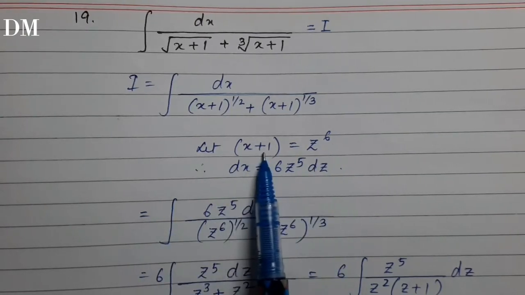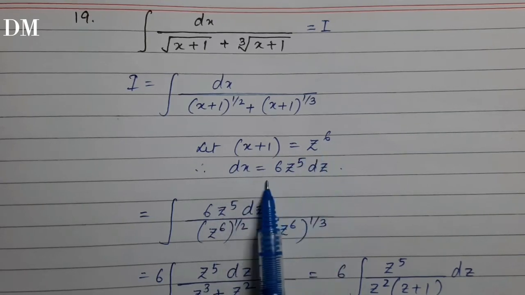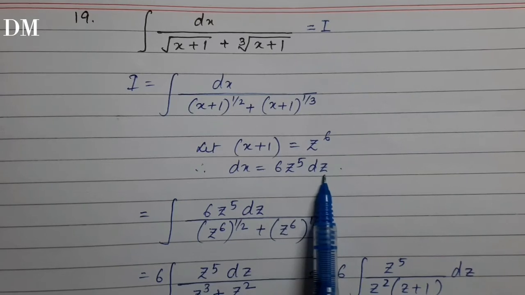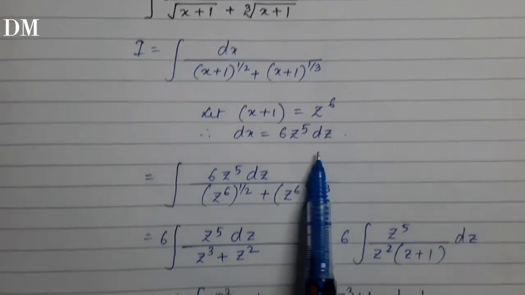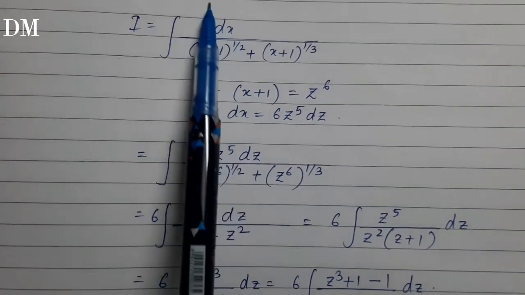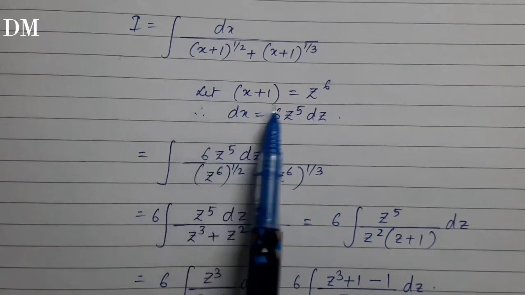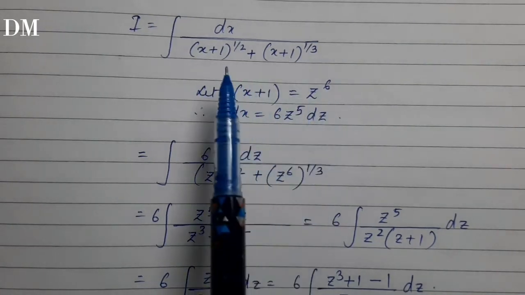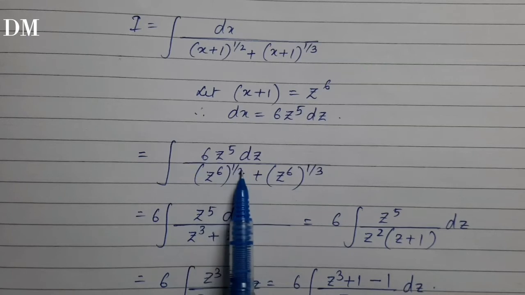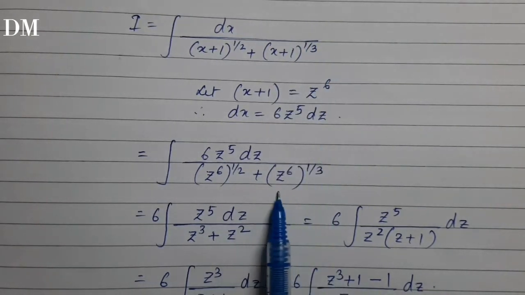Definitely if I differentiate, this side will be dx and this side will be 6z to the power 5 dz. So we can write dx as 6z to the power 5 dz. Then x plus 1 is considered as z to the power 6, so we can write z to the power 6, whole to the power 1/2, plus z to the power 6, whole to the power 1/3.